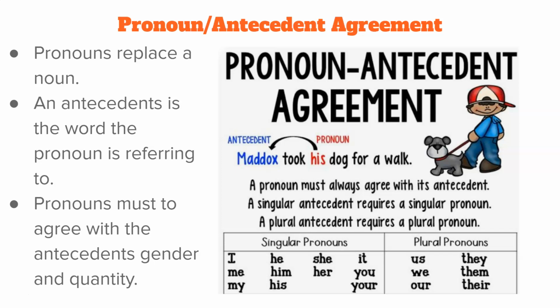The example here is: Maddox took his dog for a walk. That is pronoun antecedent agreement. It's correct. Maddox is a boy, it's only one, so he took his dog for a walk. If a student was to say Maddox took her dog for a walk, it would be incorrect.